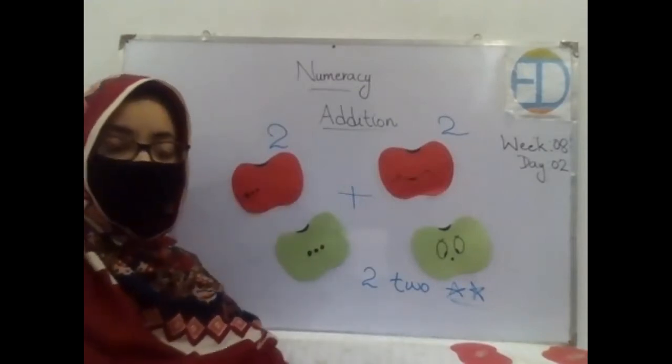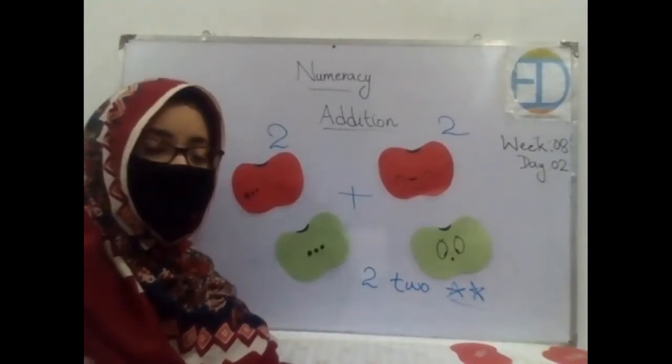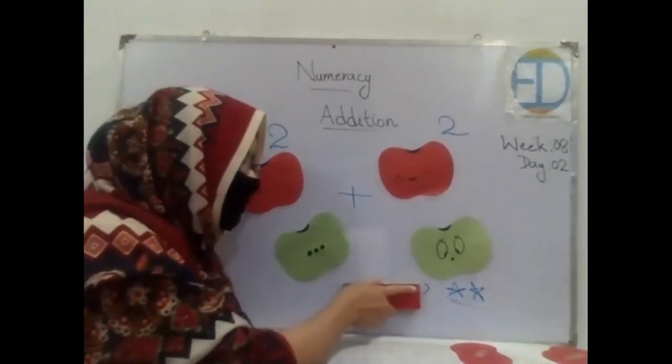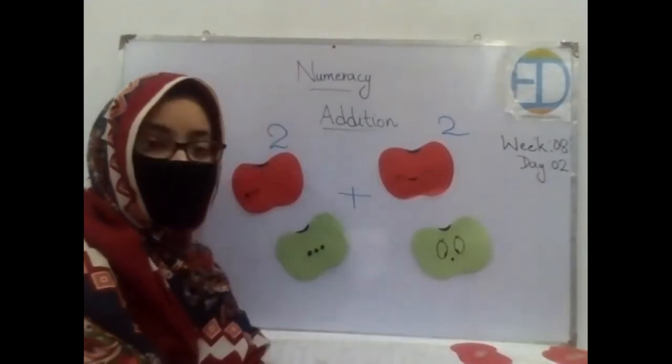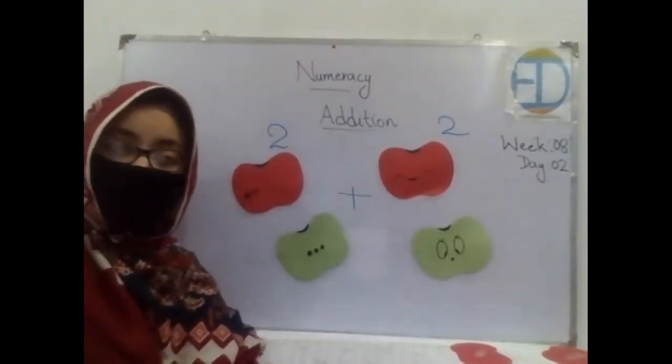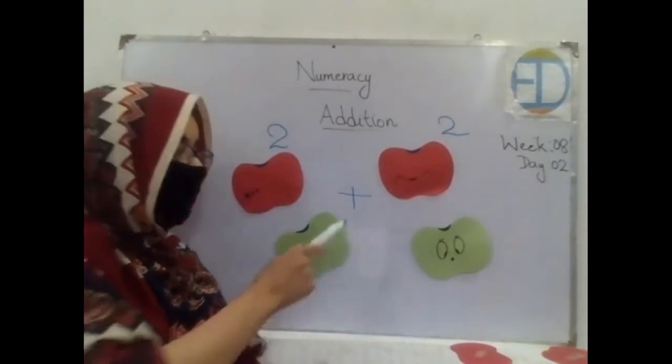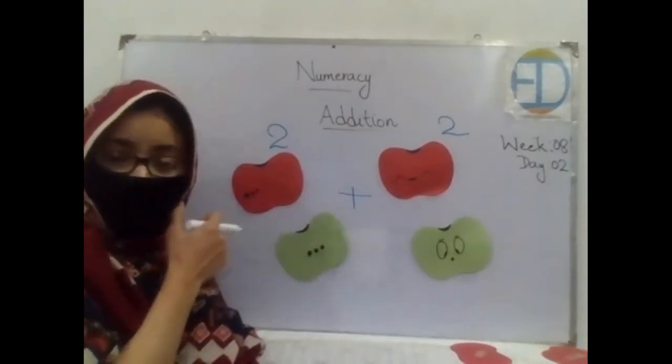So the question was that you had two apples, your friend gave two more to you, and your teacher is asking how many apples you have altogether. You will be adding them, right?